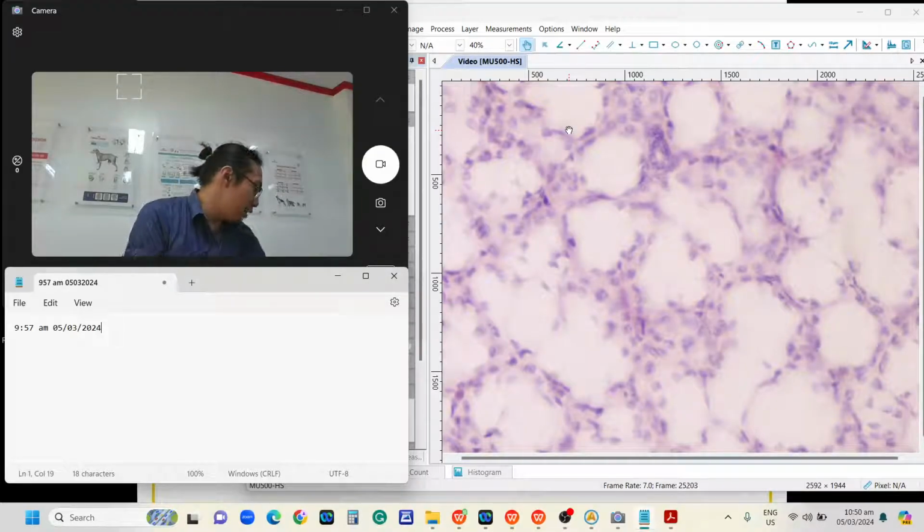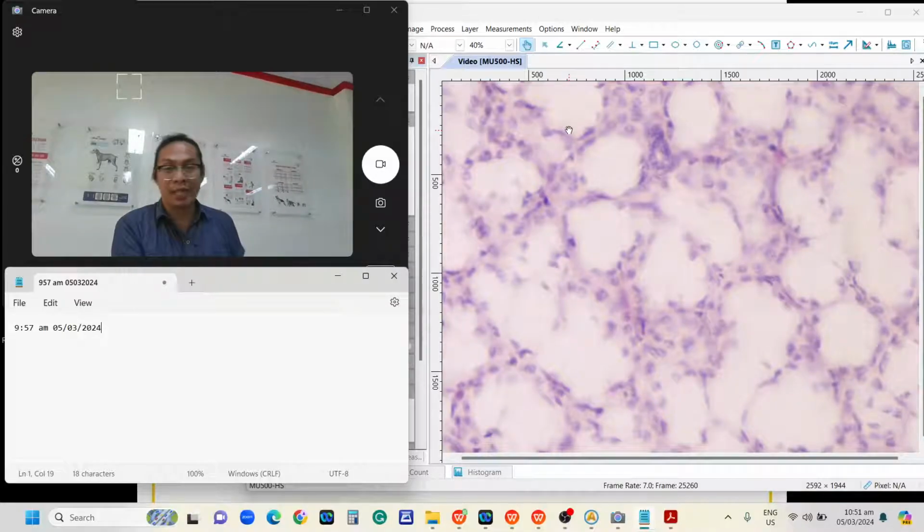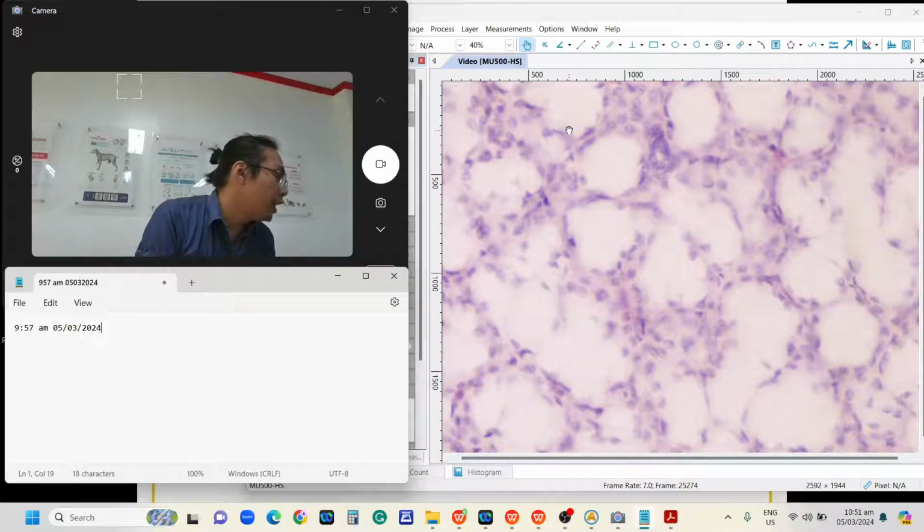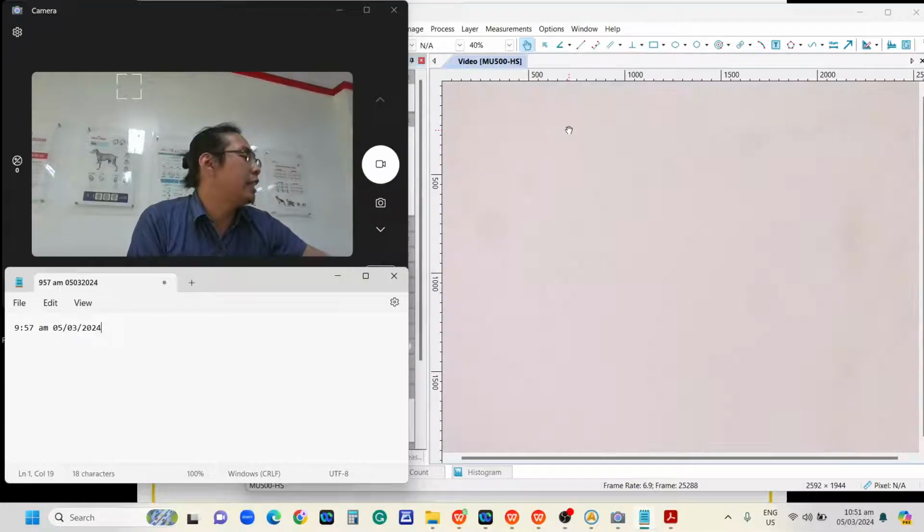Okay? Now, let's observe a very simple straight tubular gland. Let's observe the jejunum of an animal.